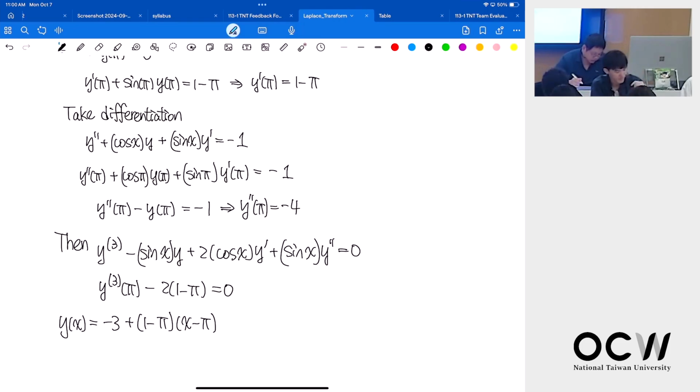So minus 4 divided by 2 factorial x minus pi squared, plus 2 times 1 minus pi divided by 3 factorial x minus pi cubed.